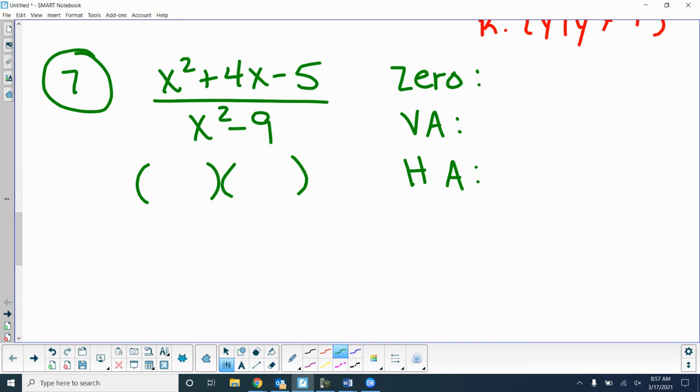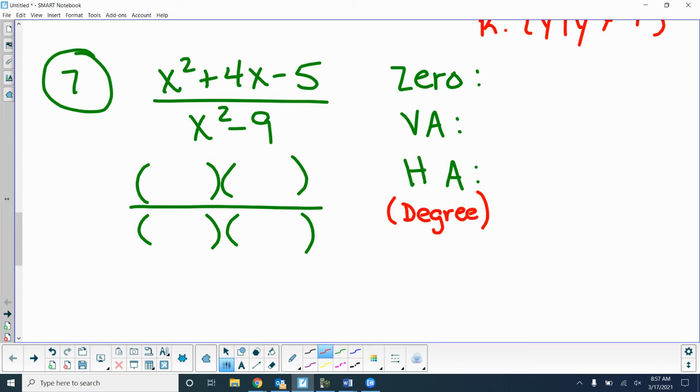Also, for horizontal asymptote, what do I look at? Looking for degree, right? What's the degree of the top? 2. What's the degree of the bottom? 2. Will there be a horizontal asymptote? I've heard some no's and some yeses. Which one is it? Yes.